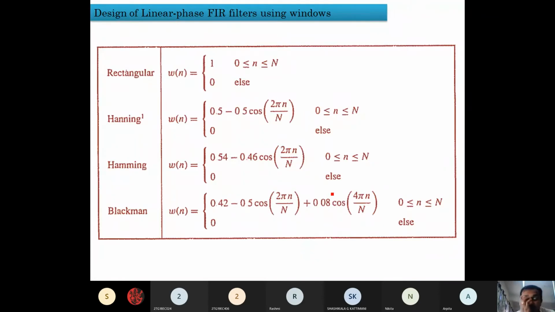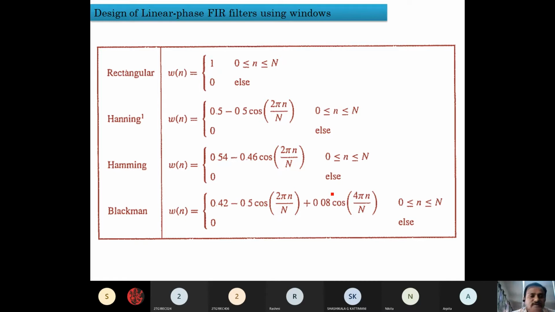So for various windows, here we are going to design one window. Within that window, we calculate the FIR filter frequency response with magnitude and phase. Here we are going to have an introduction of some windows.